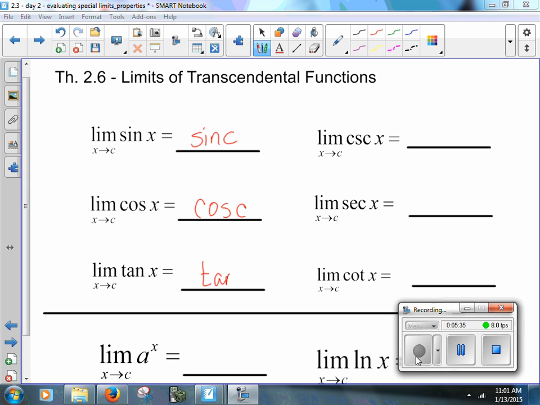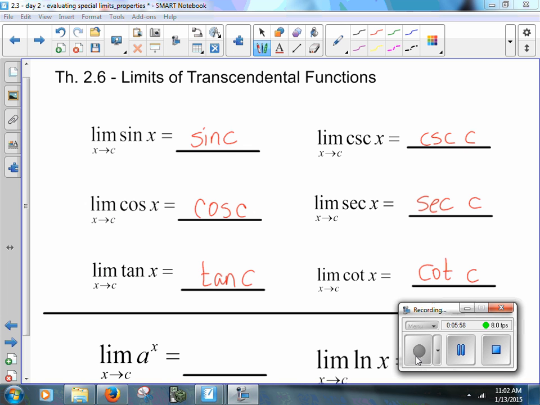Of course, it would be tangent of c, cosecant of c, secant of c, cotangent of c. What if x approached a box? Then it would be sine of the box, right? You see what I'm talking about? I don't really know that it warrants you writing those down.